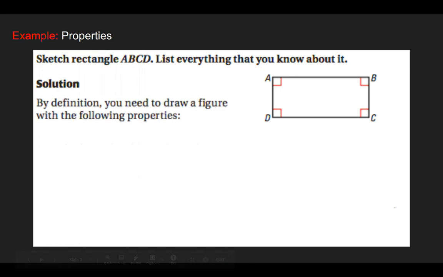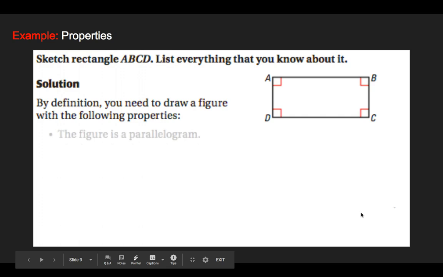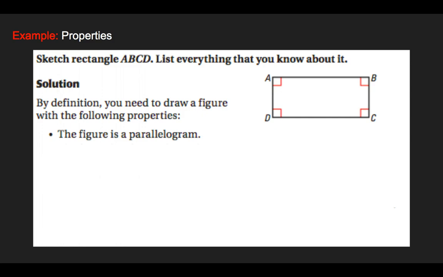I hope when you drew your picture, you thought these things. The figure must be a parallelogram, meaning if I were to extend these sides, they could never touch each other. The figure must have 4 right angles, meaning they should meet at 90 degrees.